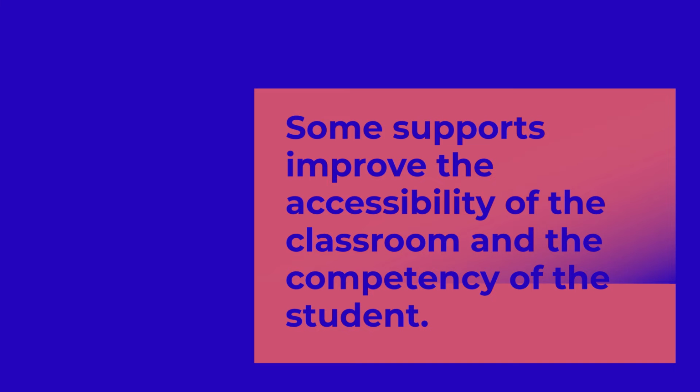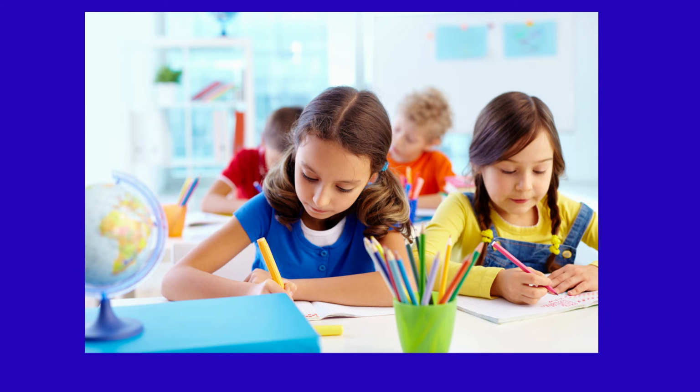Finally, some supports improve the accessibility of the classroom and the competency of the student. An example of this type of support is a student who learns to take notes during history class and has a peer take notes as well and share a copy of their notes with him. The student's teachers had worked with him on a note-taking strategy, and he did his best to apply it during class.